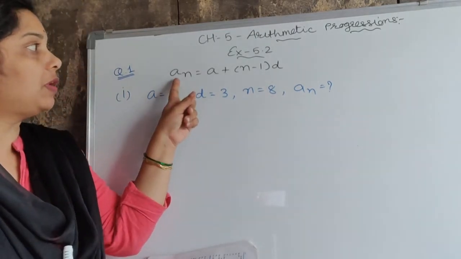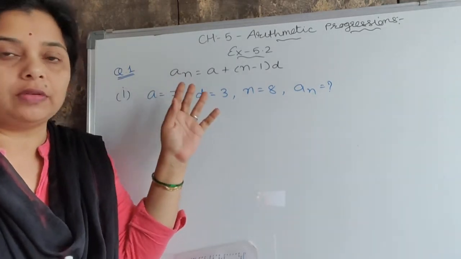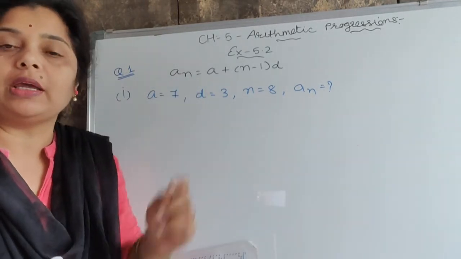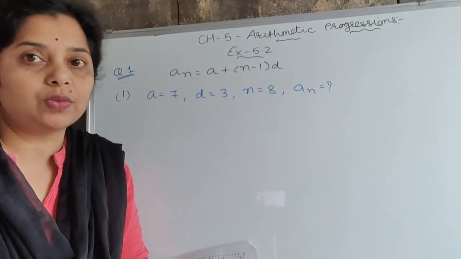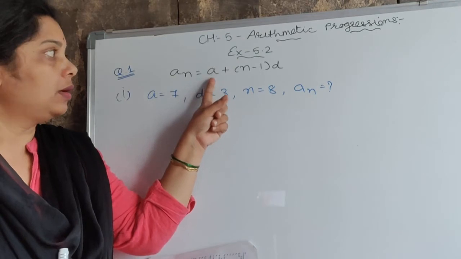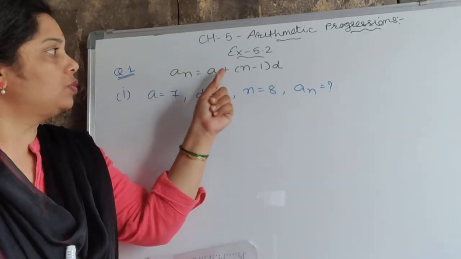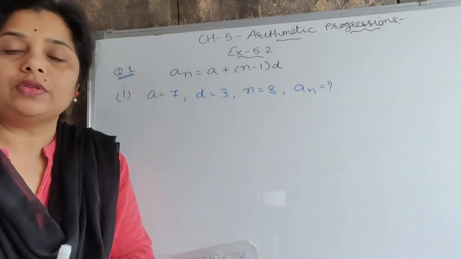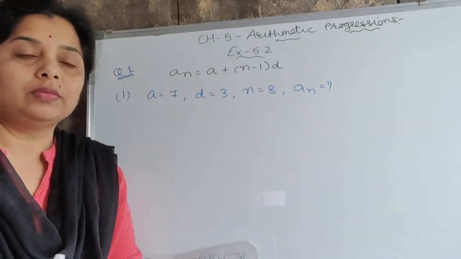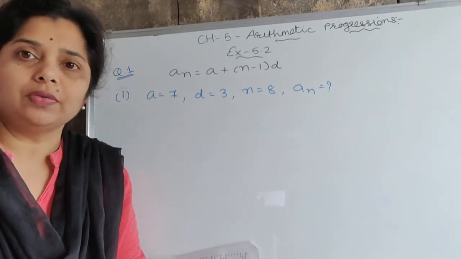For example, we have just seen the formula an is equal to a plus (n minus 1) d. Here the four characters are an, a, n and d. Out of these four, if any three values are given, you can easily find the fourth one.